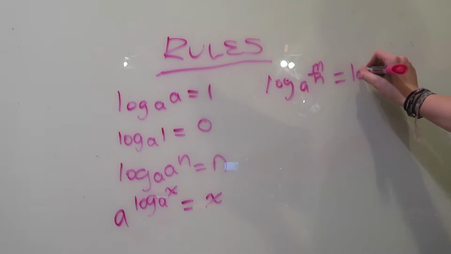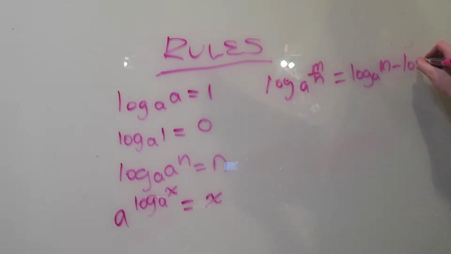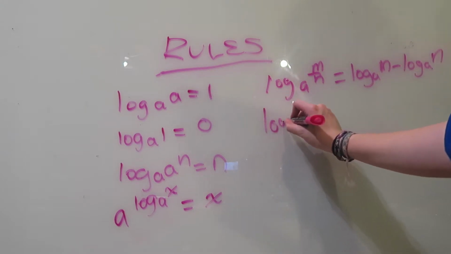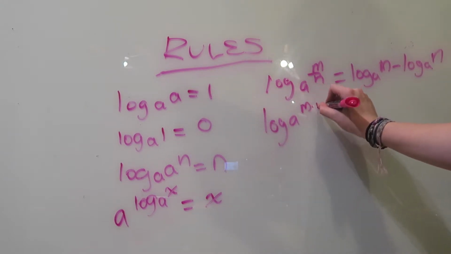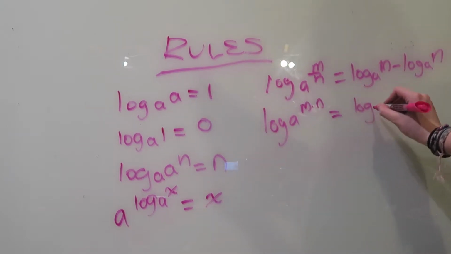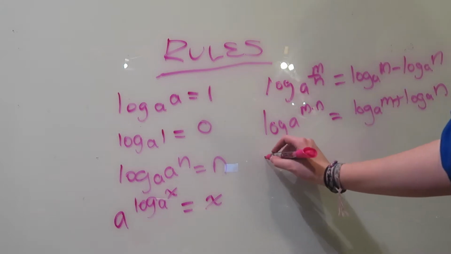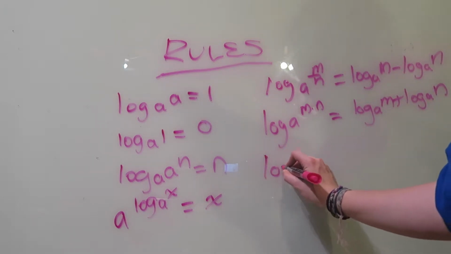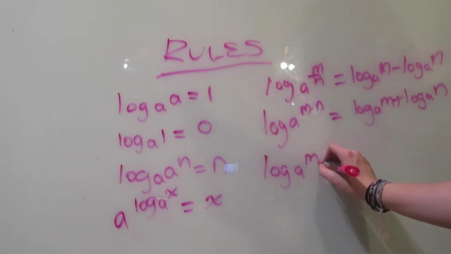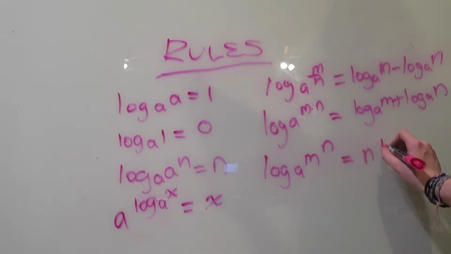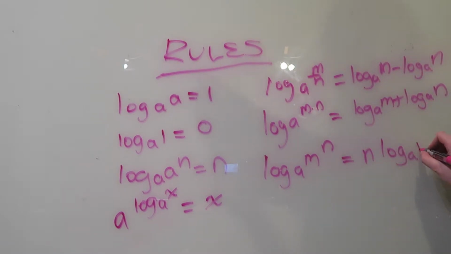Log base a of m divided by n is equal to log base a of m minus log base a of n. This is similar to how log base a of m times n is equal to log base a of m plus log base a of n. And when we have log base a of m to the exponent of n, this is the same thing as saying n log base a of m.